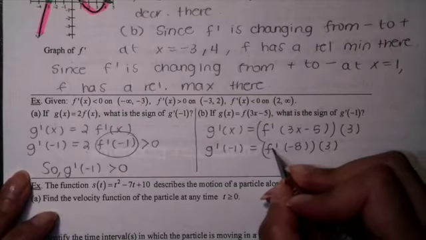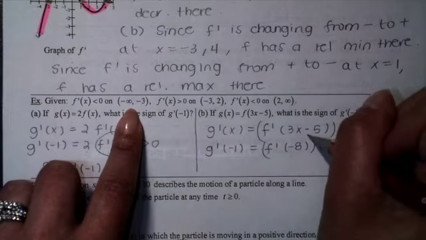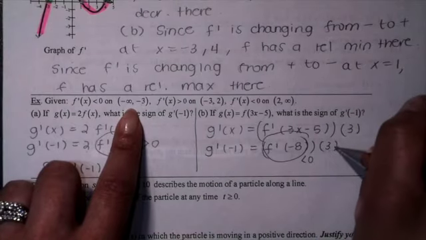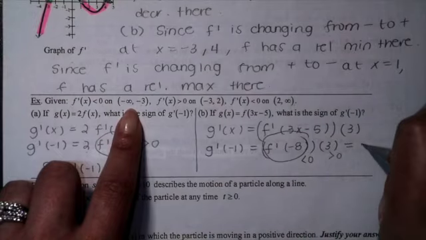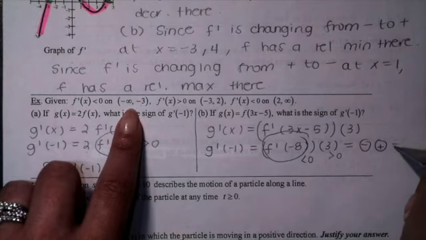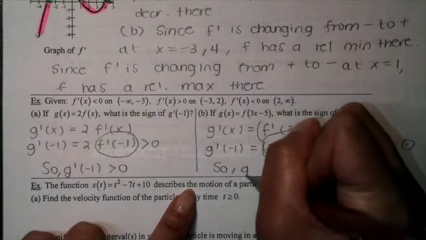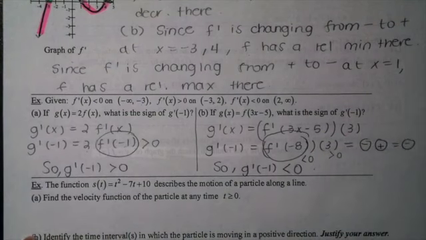You have that negative 8 is here, so f prime there is less than 0. So you know that this is less than 0, and this is greater than 0. What happens when you multiply a negative and a positive? You have a negative. So what's the conclusion here? In this situation, your g prime of negative 1 is less than 0. Do you see it?